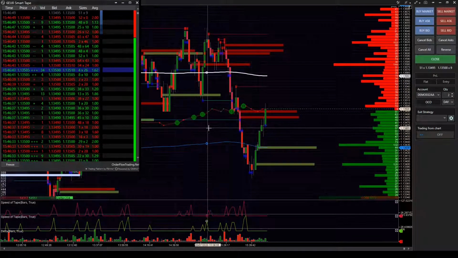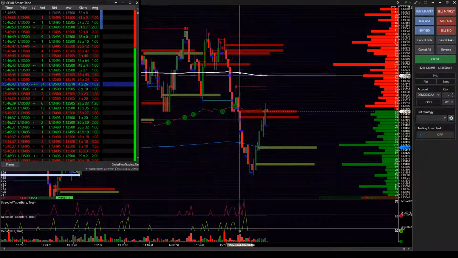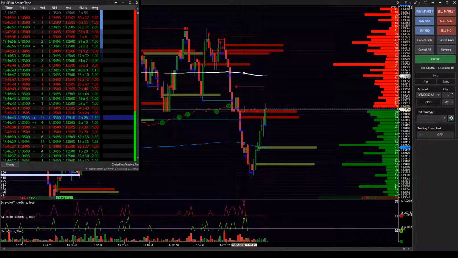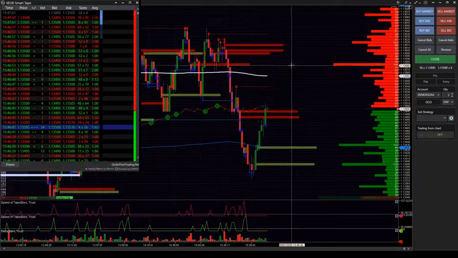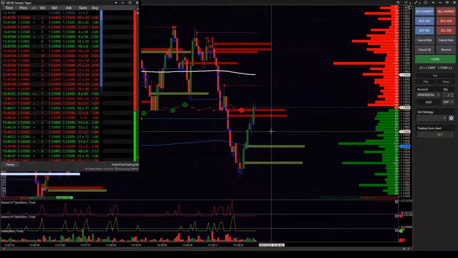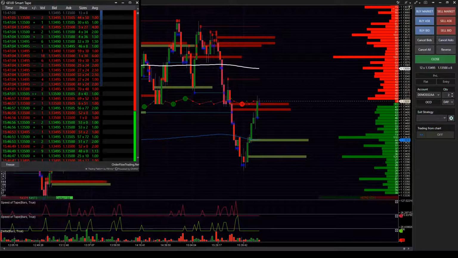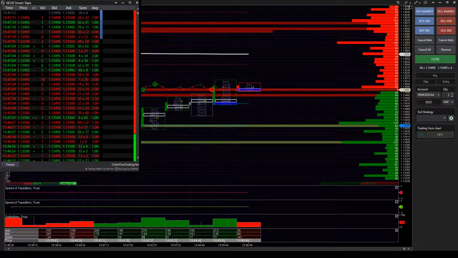Okay, and that's what I call second chances for people who might be losing a position. So here, what can happen is that it might continue to go higher, or it might go a little bit lower. To know that, it's better to see the clusters. Okay, let me show you the clusters.